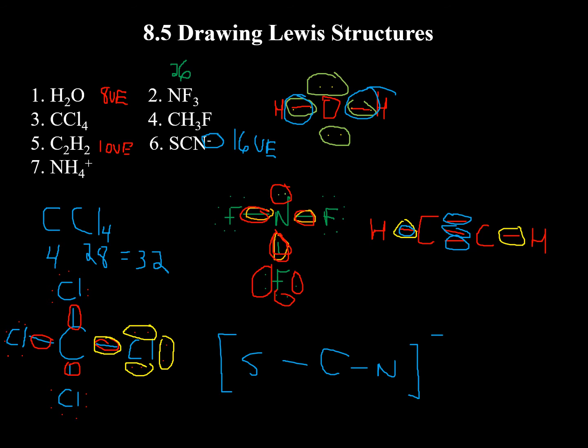We used up 4, 5, 6, 7, 8, 9, 10, 11, 12, 13, 14, 15, 16. And here we see that the sulfur and the nitrogen only have 6 valence electrons: 1, 2, 3, 4, 5, 6. So this is not the correct Lewis structure.